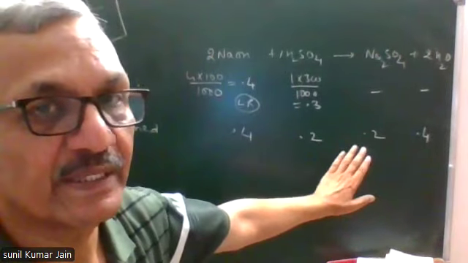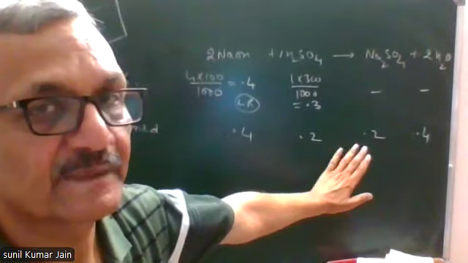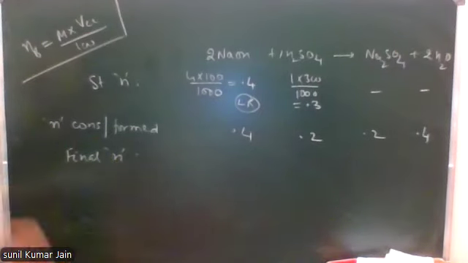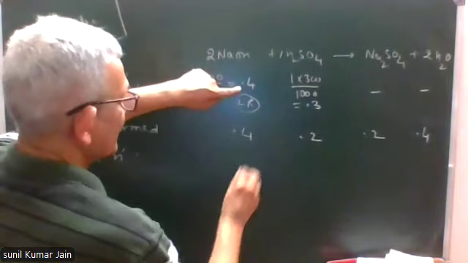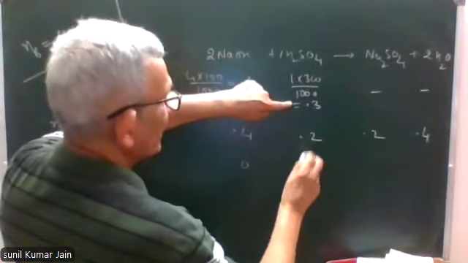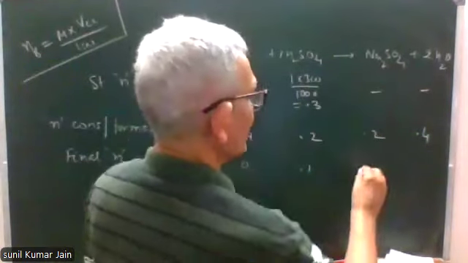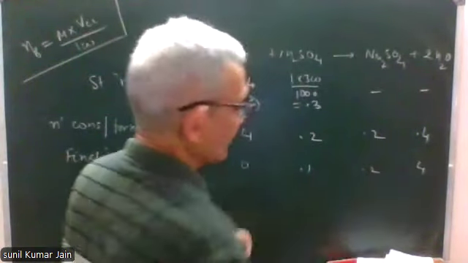Do I need to repeat anything? No, sir. Okay. Now, final number of moles: this minus this, 0. 0.3 minus 0.2, 0.1. Products, final minus initial, 0.2, 0.4.